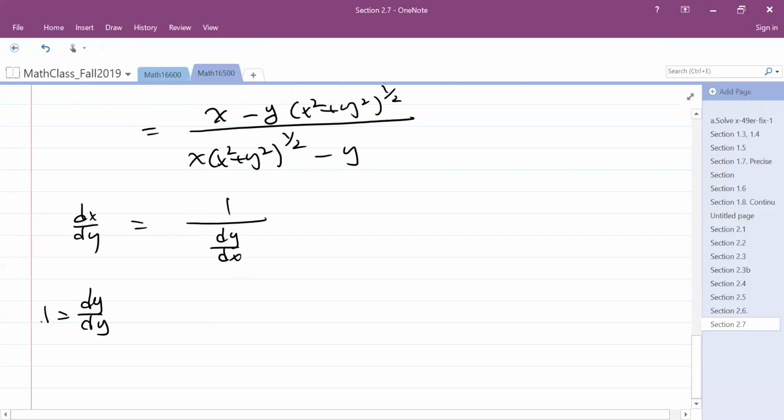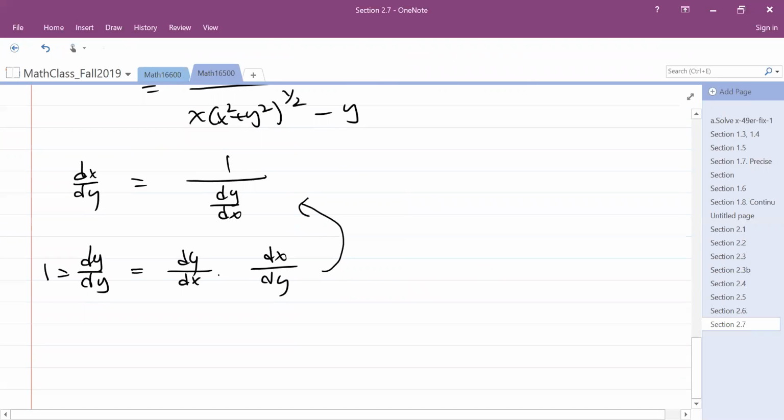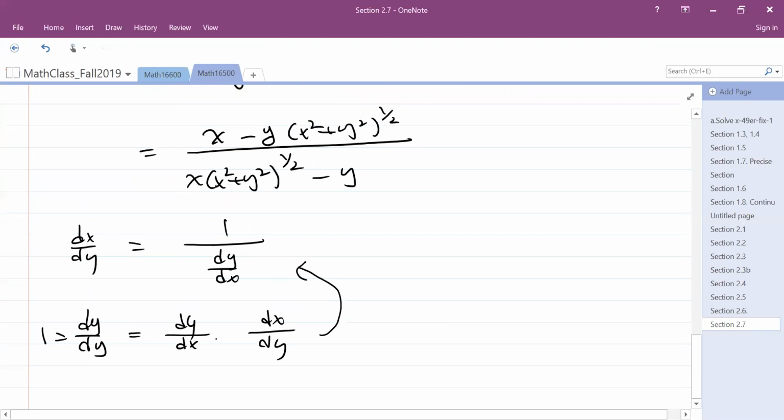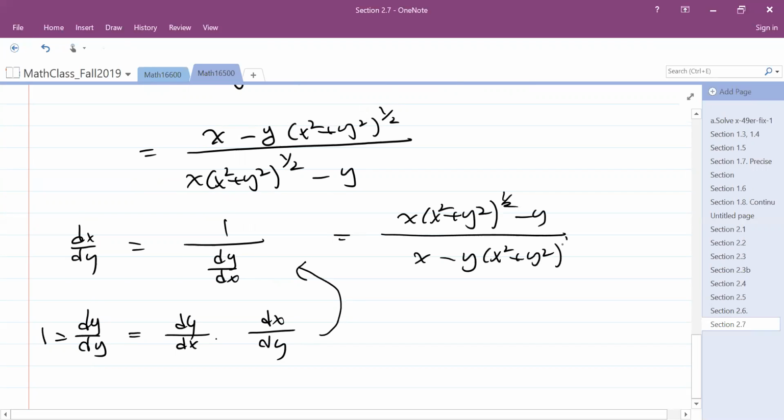Now that is dy/dx times dx/dy. Now it's clear. So that is the reason, and that gives you the above. Since we already found the derivative of y with respect to x, I just turn this upside down. You don't need to waste time to repeat the procedure.